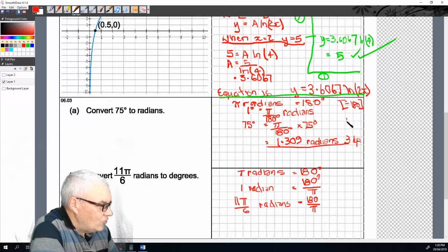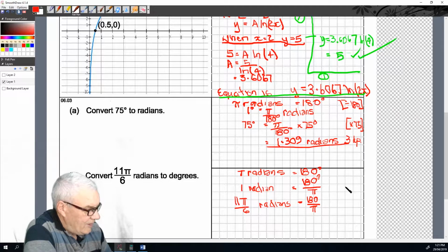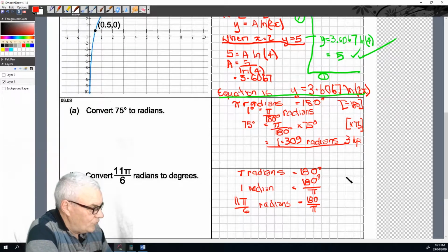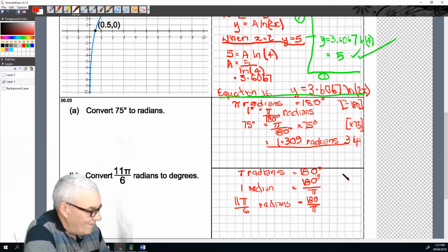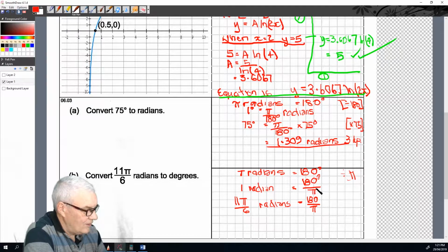See here, I'll just go back up to here, I multiplied by 75 both sides. It's just rearranging the formula. And here I divided by pi. Divided by pi. That gives me that there.